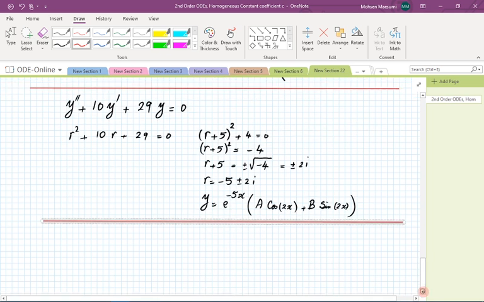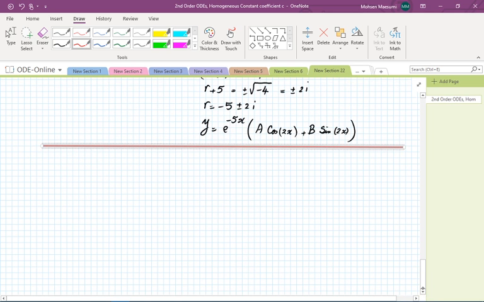So let's go ahead and see how that case is handled. Suppose I have an equation such as y double prime plus 6y prime plus 9y equal to 0. So of course that has a characteristic equation r squared plus 6r plus 9 equal to 0.